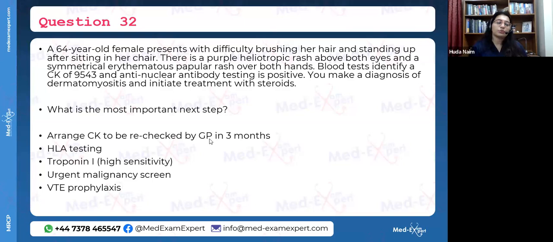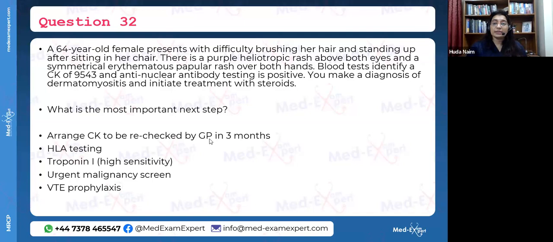So you have a patient who has difficulty brushing her hair, she has difficulty standing up, and there's a purple heliotrope rash telling you that the patient has dermatomyositis, and you start the treatment with steroids. But what else would you like to do? What else is the next important step, considering the different associations of dermatomyositis? Very good.